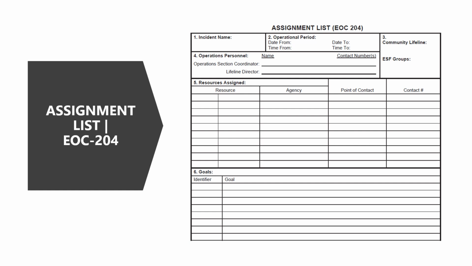We want to know who is going to be on those damage assessment teams, who is in charge of those team members, what's their point of contact, and where are they assigned to go. This is usually going to be prepared by the resource unit leader or the operations section, and it's going to be based off of the operational planning worksheet, or the 215, which we'll be showing shortly.